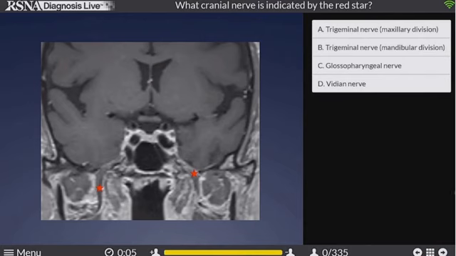All right, next one. What cranial nerve is indicated by the red star? Maxillary division of the trigeminal nerve, mandibular division of the trigeminal nerve, glossopharyngeal nerve, or the Vidian nerve?